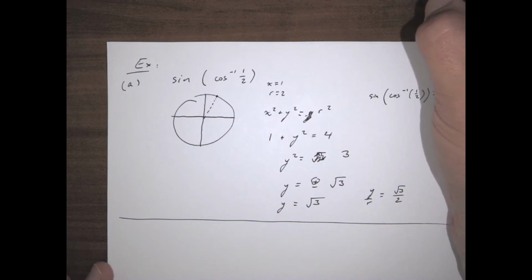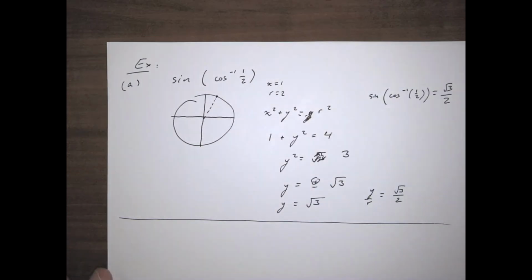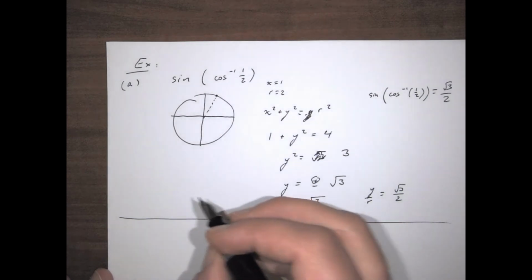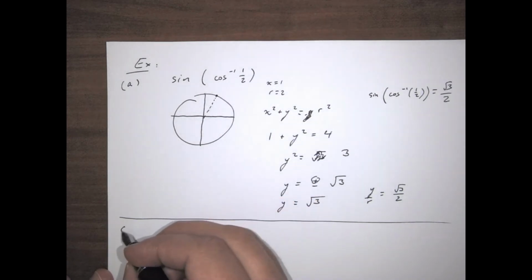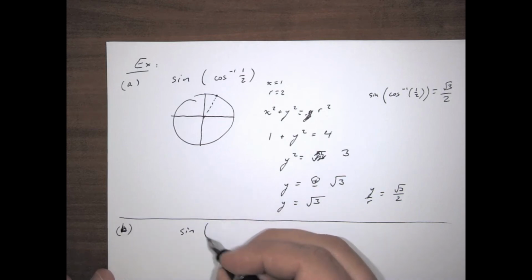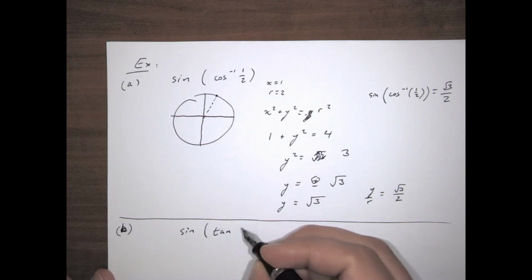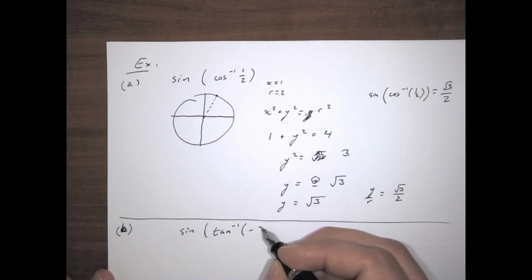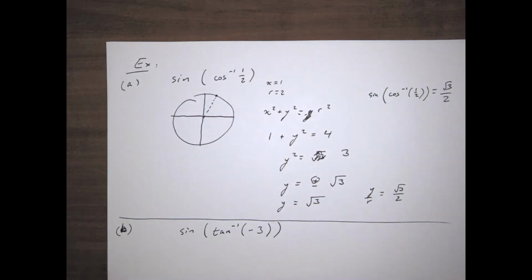All right, let's try one that's a little bit harder. Let's try one where it's not a known angle. Let's start with something like this, part B. So the sine of the tangent inverse of -3. So let's think about that.